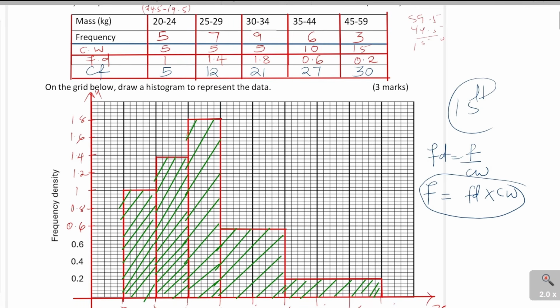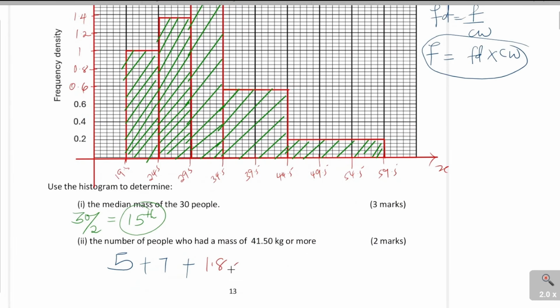So 5 plus 7, then plus the frequency, which we get from the frequency density of that class, 1.8, multiplied by the class width.